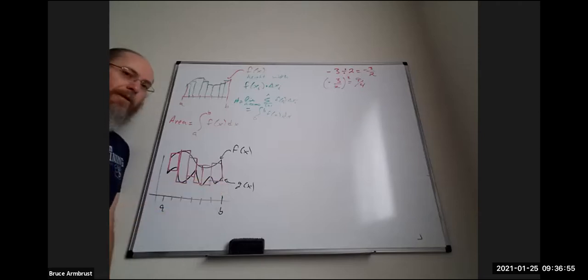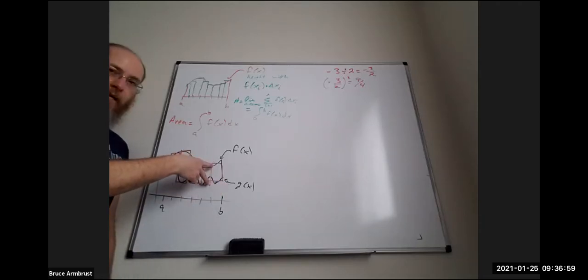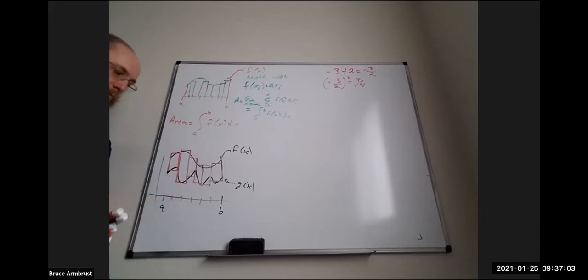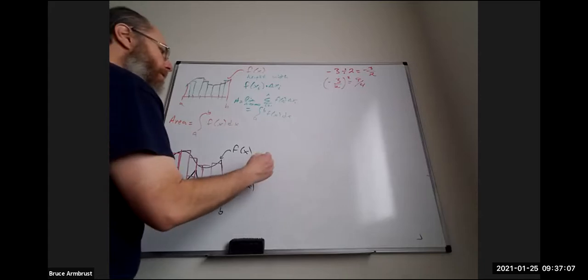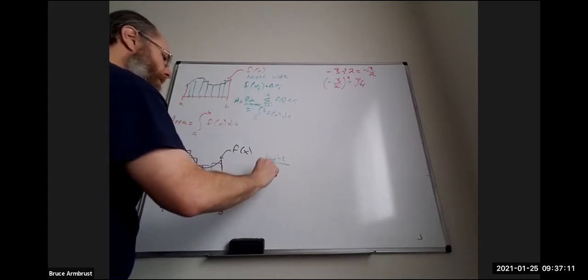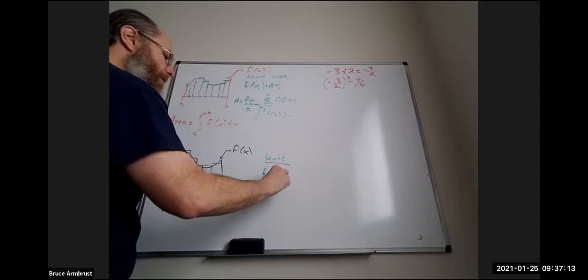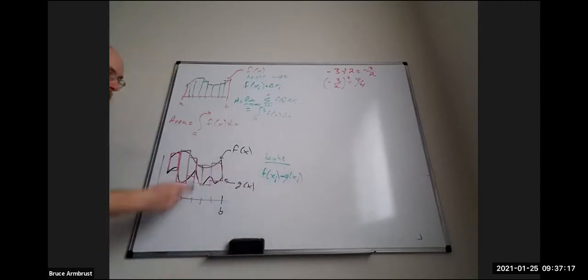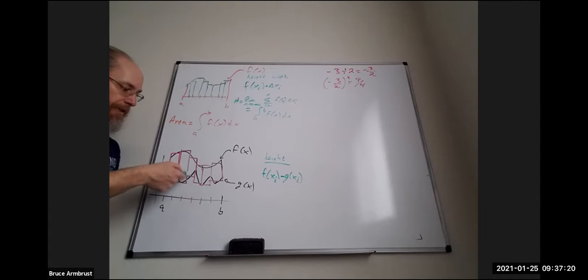The bottom is determined by g of x. And if I want to get this height, I just have to subtract those two numbers. So in this picture, the height is going to be f of xi minus g of xi. That's going to give me the height of any one of these little rectangles that we're approximating.